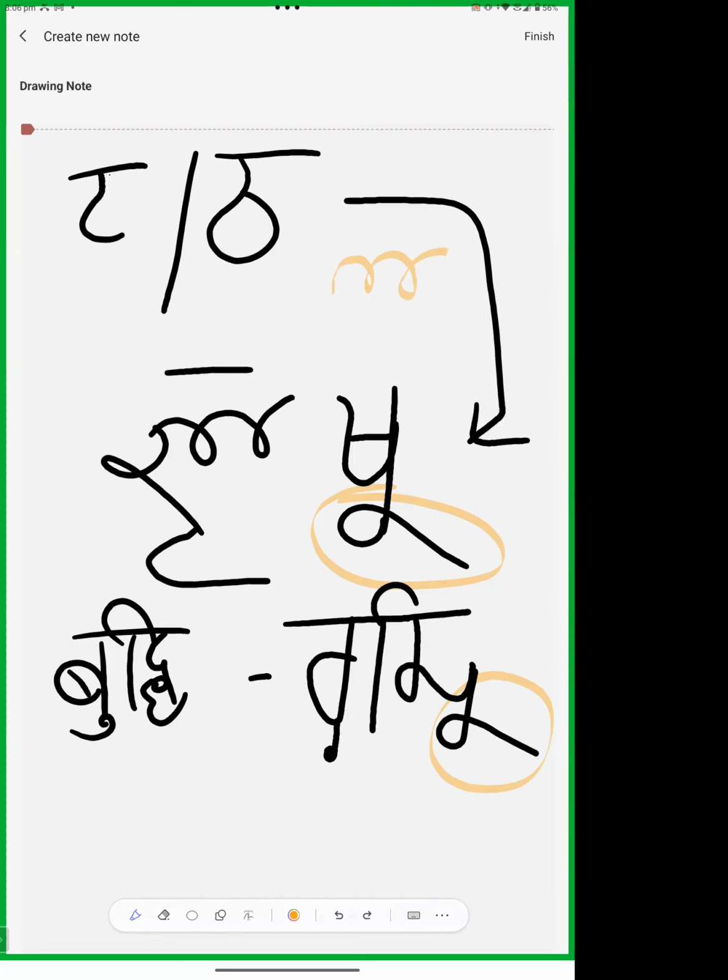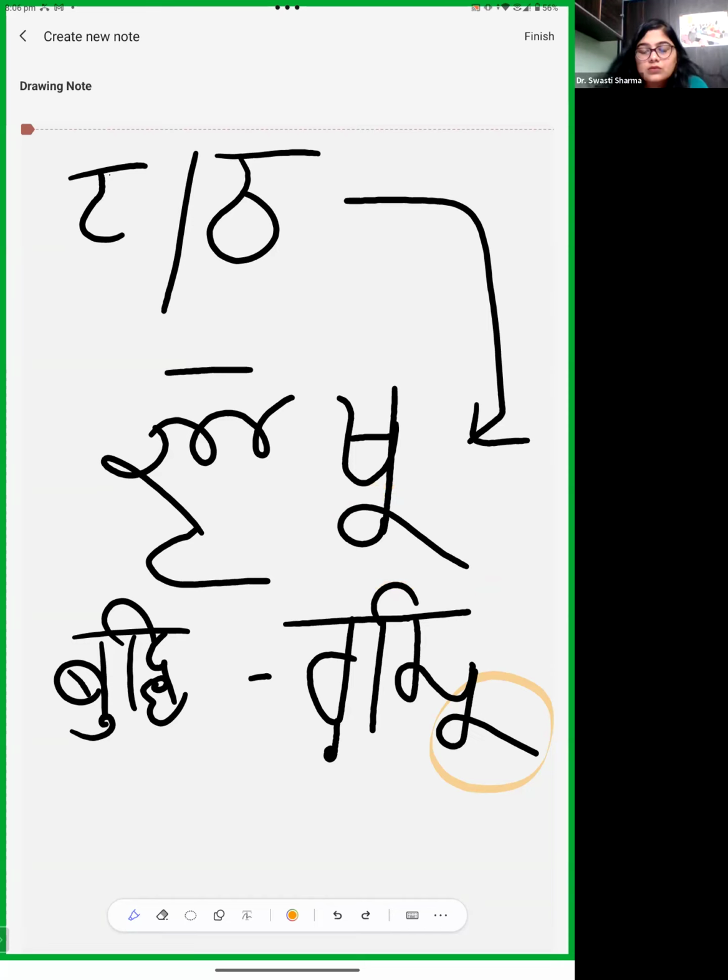Ma'am, why are we extending the line in Buddhi? This one indicates that it is a complete dha. Actually, the shape of the letter dha is like this. But when we are writing it in flow frequently, sometimes we can get confused if we make the dha like this.